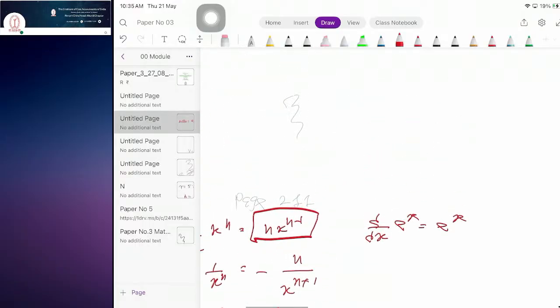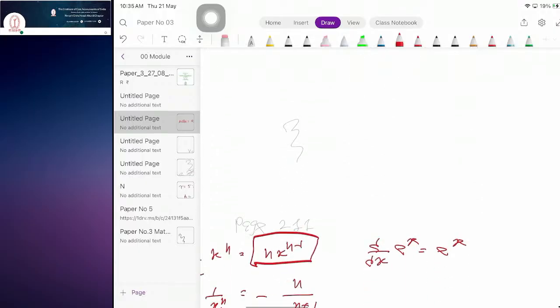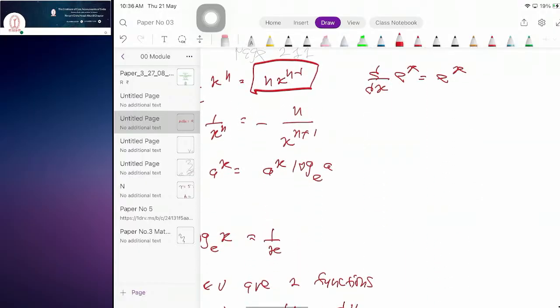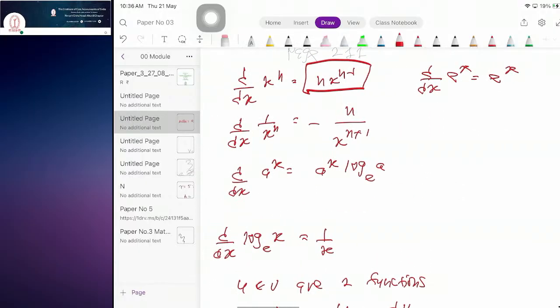In that formula, d upon dx of aˣ is this one. Compare it with 10ˣ. aˣ, where a is constant, is aˣ log a to the base e.